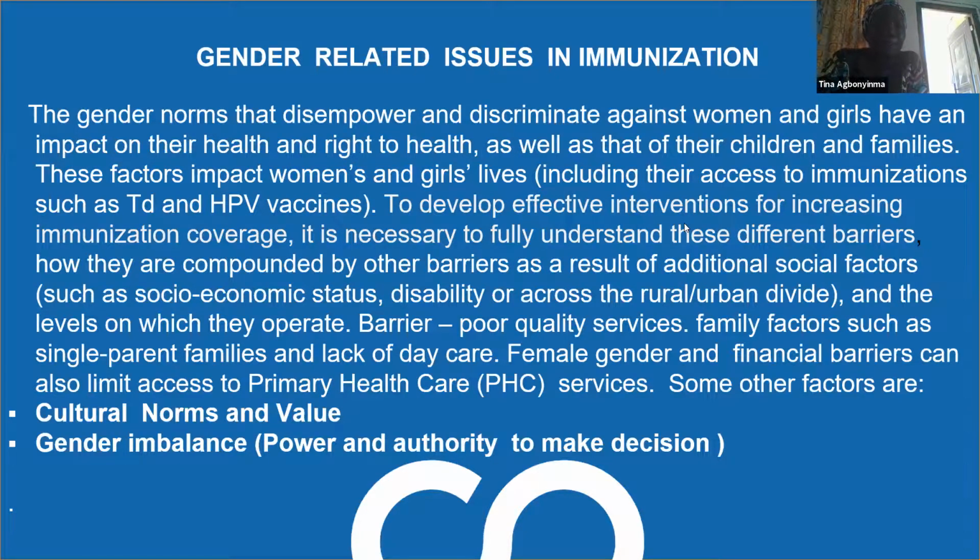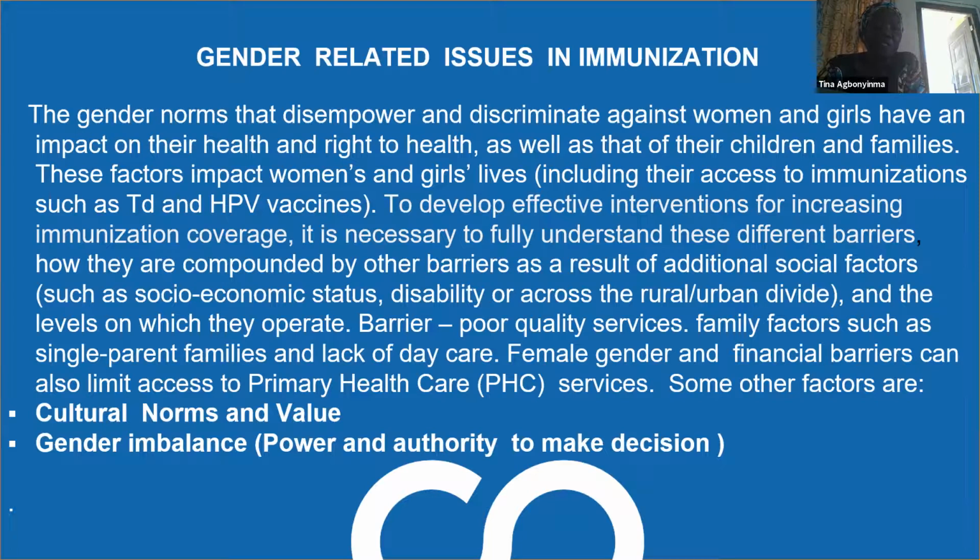These are some of the issues as they relate to gender barriers in immunization. It's focused actually on the gender aspect of immunization, where women are not having access to healthcare facilities due to some of the norms, the values, and the culture where they find themselves.